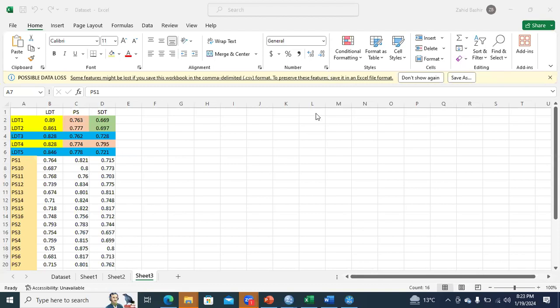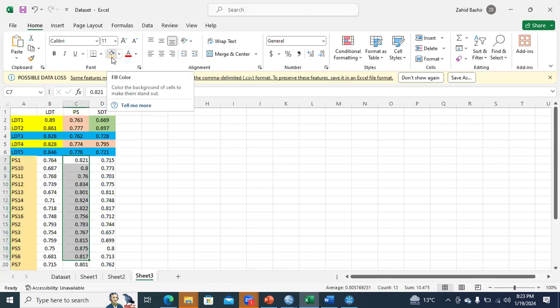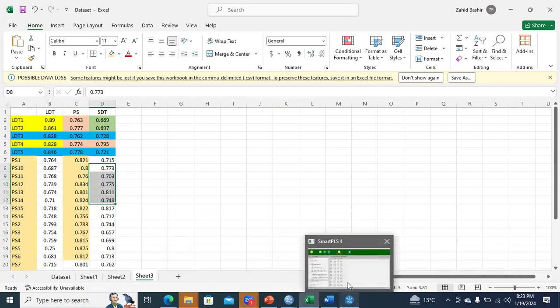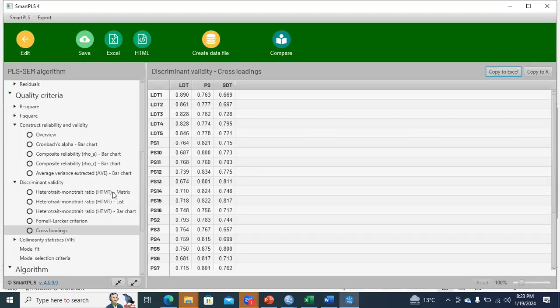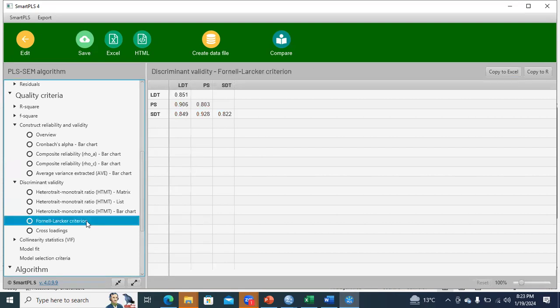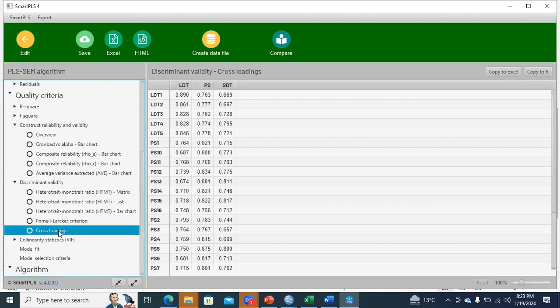So I was letting you know that there is an issue of cross-loading in different constructs, and they are showing more than 75% variation, or explained variation, in other constructs also. So when one measure of your discriminant validity is showing the discriminant issue, like HTMT was showing, it means that it will also be prevailing in the case of Fornell-Larcker criteria, and it will also be prevailing in cross-loading.